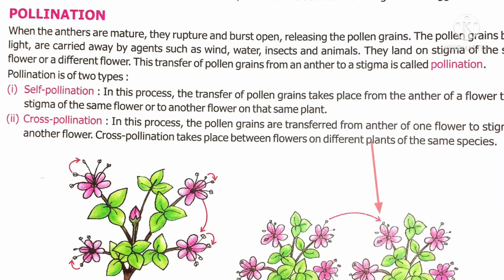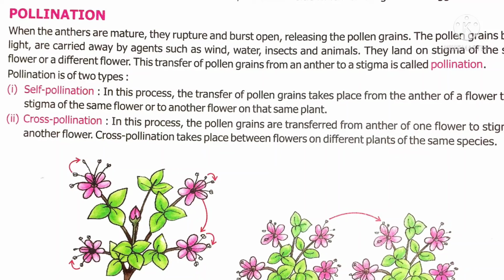What is self-pollination? The transfer of pollen grains from the anther of a flower to the stigma of the same flower. Self-pollination takes place in a bisexual flower. In such a flower, both male and female gametes are produced, that means both stamens and carpels are present.